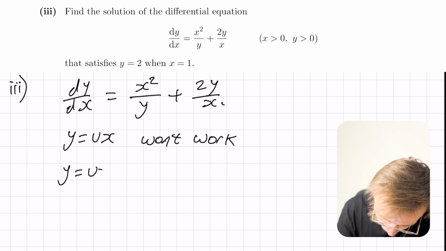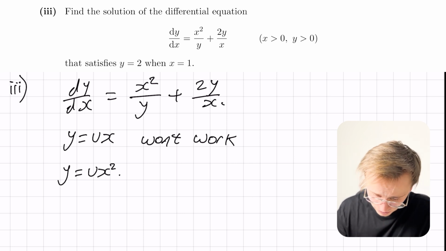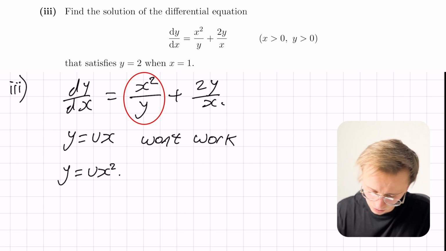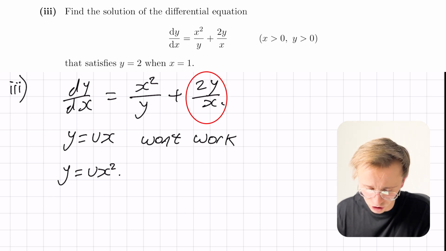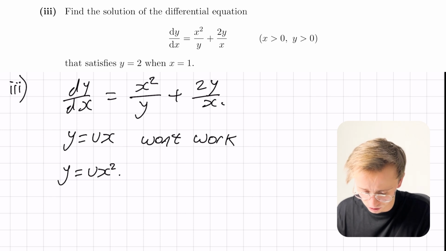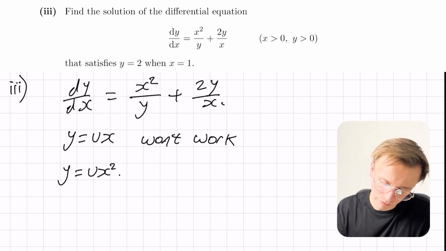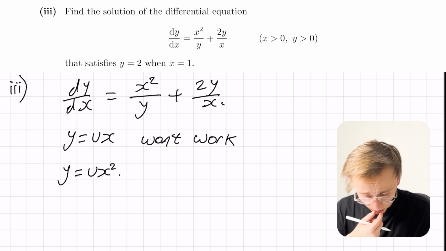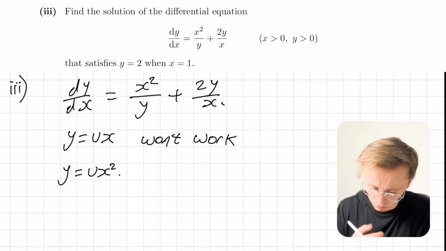Y equals ux squared. Well, this term on the left will become a 1 over u again. However, this term on the right will be a multiple of ux, but still ux. Oh, but the left-hand side, when I do the derivative, will have a ux rather than just a u. Oh, so this might work, I'll try it, see what happens.